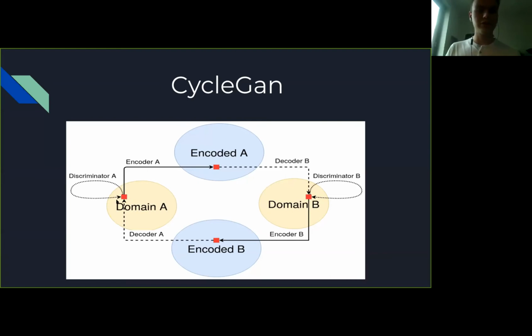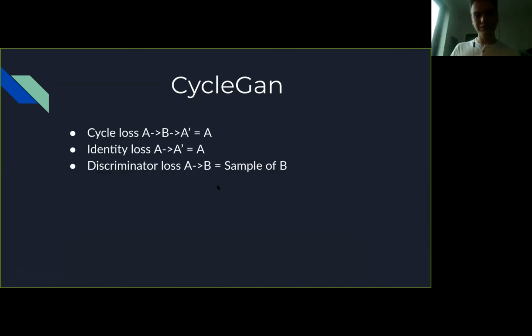And of course, the discriminators are still in play. So for example, if you have a cycle loss, you can go from A to B and then back to A, and you can still do a discriminator loss, determining whether it's still a realistic image of A. You may look at this later if things are still unclear. So I just explained the cycle loss.